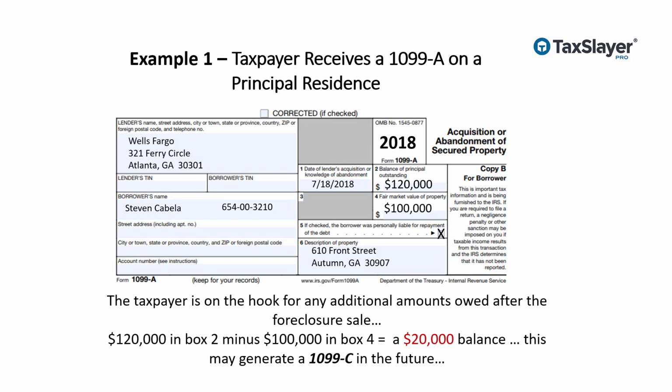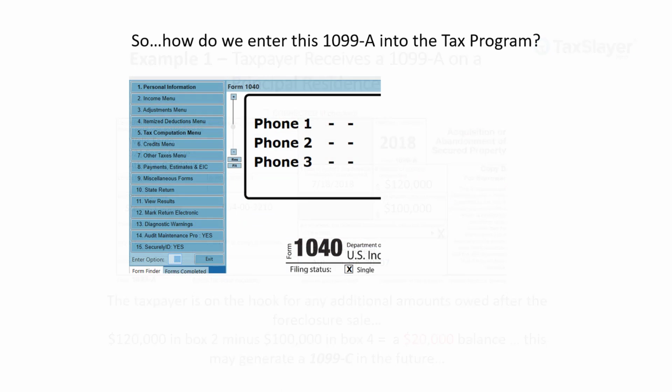So, Mr. Cabela is on the hook for any additional amounts owed after the foreclosure sale. The $120,000 in box 2 minus the $100,000 in box 4 leaves a $20,000 balance. This may generate a 1099-C in the future.